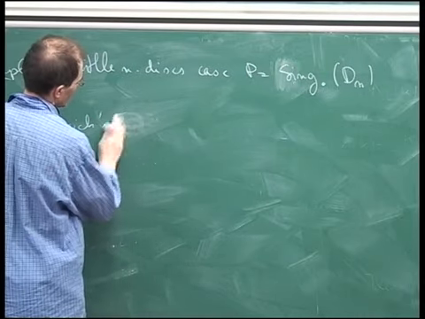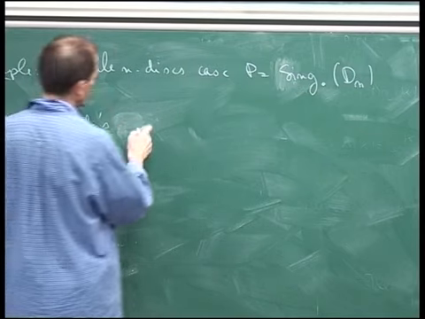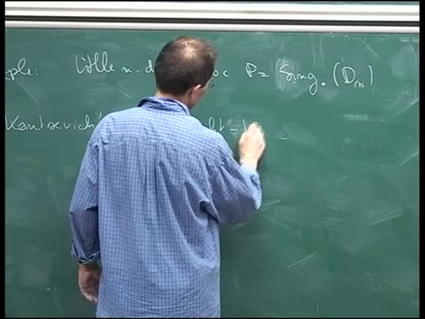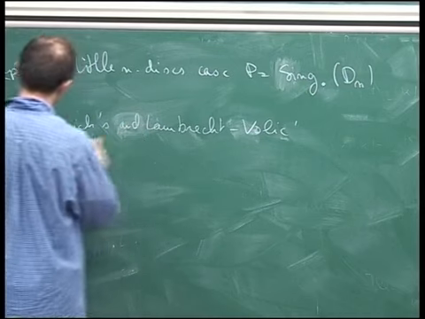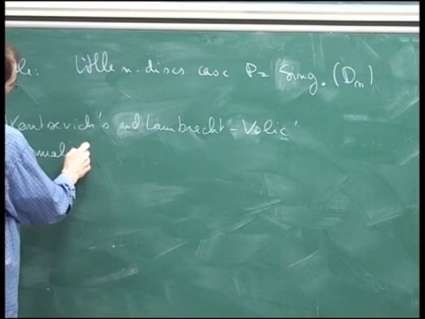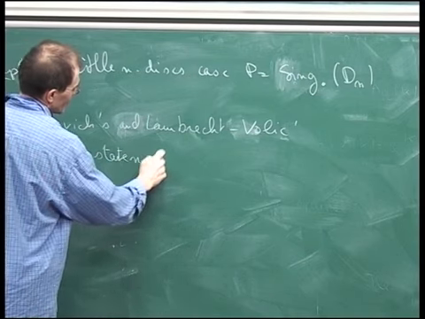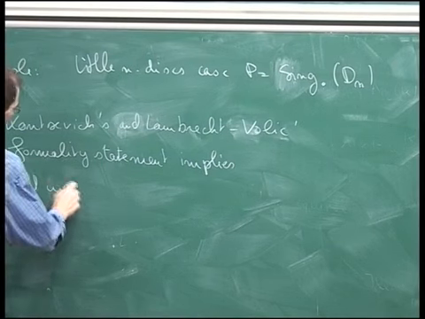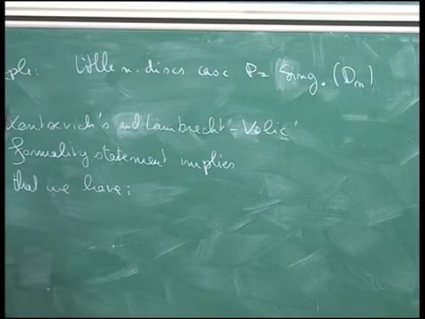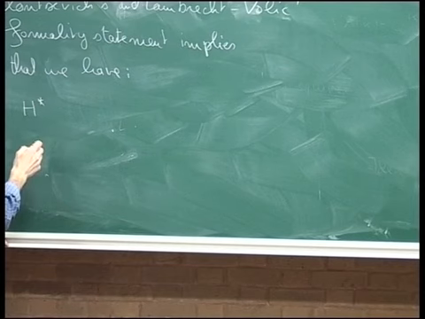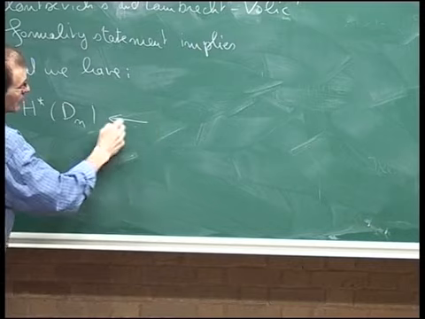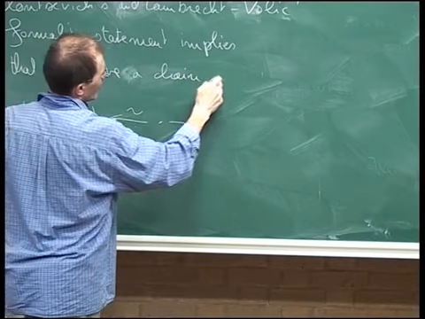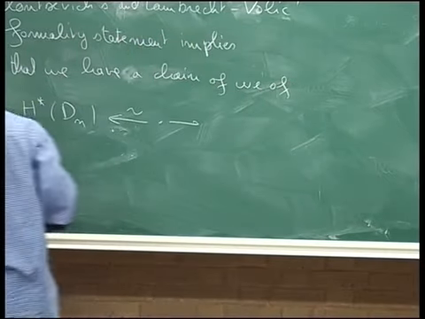You also have to use some improvement by Lambrechts and Volić. This implies that we have a chain of equivalences of DG cooperads connecting the cohomology of little n disks.